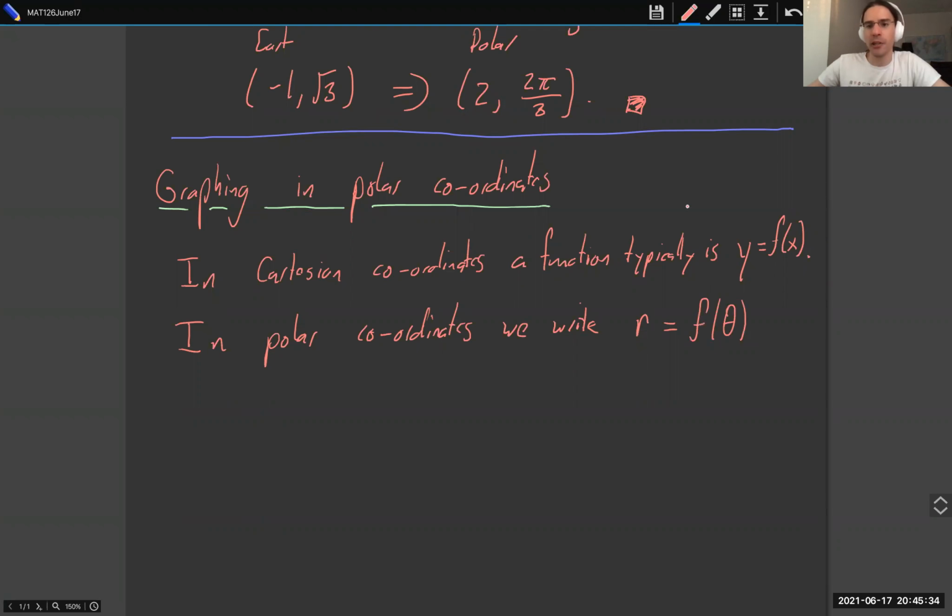And what does that look like? Then as you go around the circle, you're saying what the radius is. So this says the radius at a given angle.